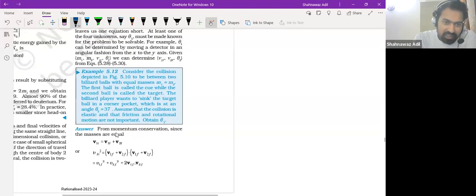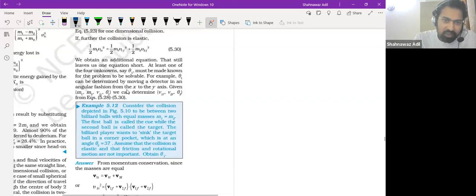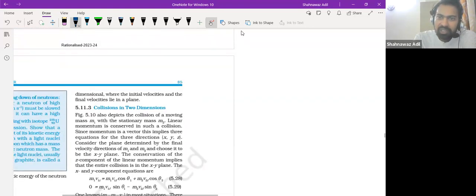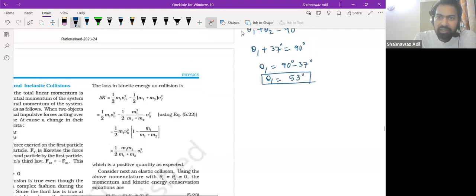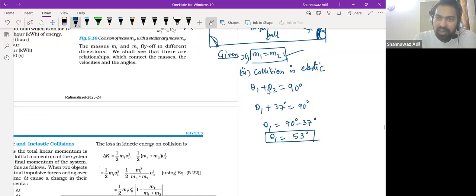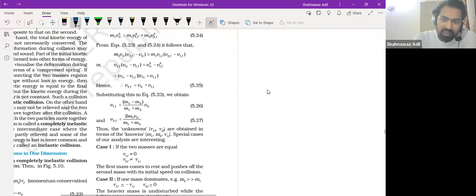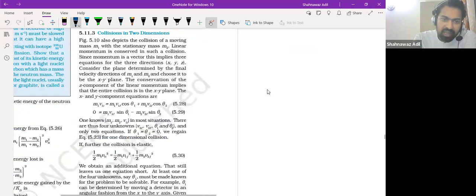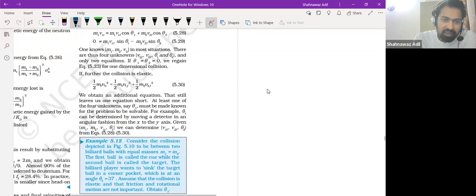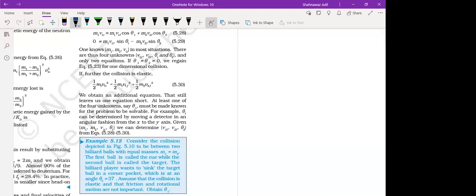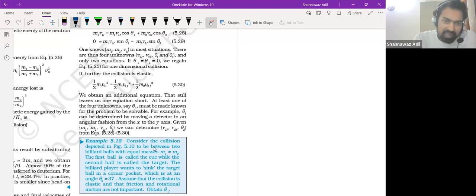You can check the answer, or try this question without using this idea. All these steps we have already done, so check the notes, follow them, and just put the value of theta 2 in that equation. Then you'll get the result.